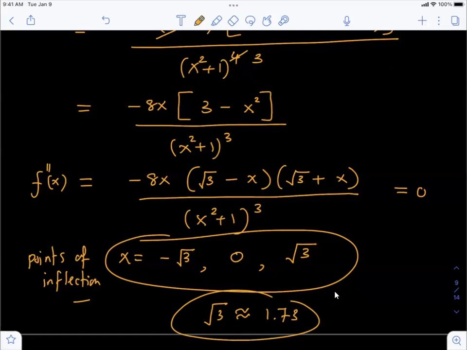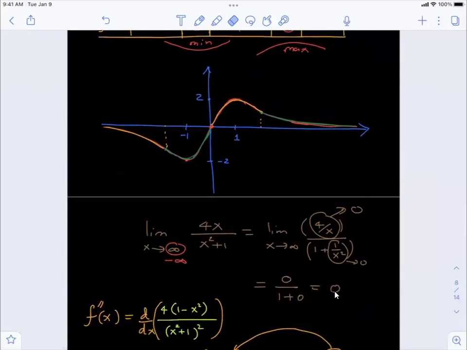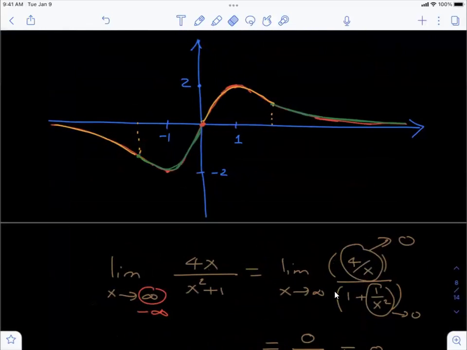Like the ballpark should be just around that value, right? Now let's go ahead and check our graph. 1 is here, and then this is a location where we had the change of concavity. Can you guess that value? That is exactly root 3.